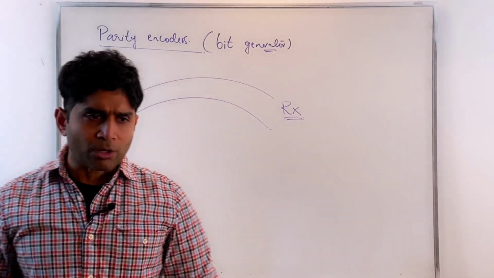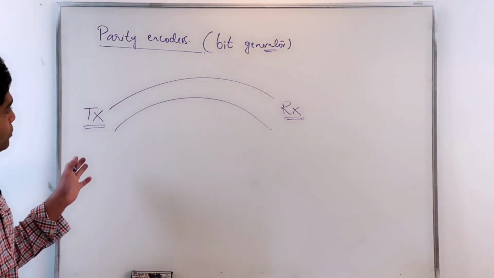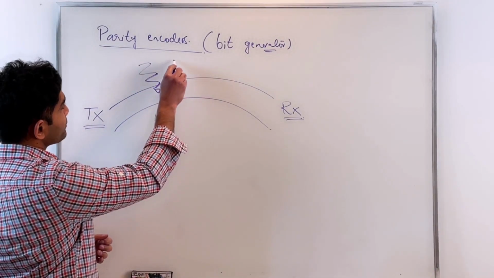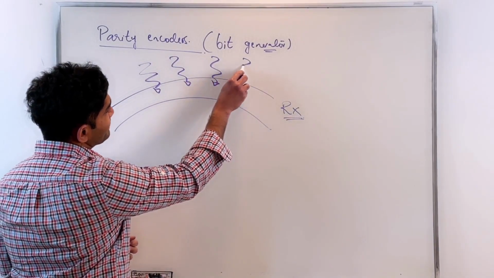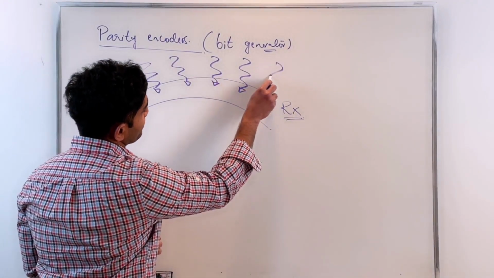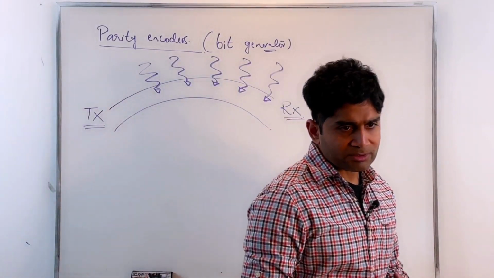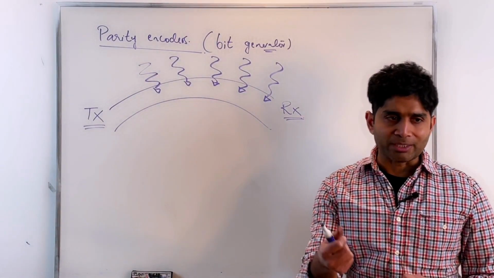Now, oftentimes, when I'm trying to communicate through the channel, you also have noise sources acting on the channel. What the effect of these noise sources is, is that some of the time the bit values can change because of the noise.